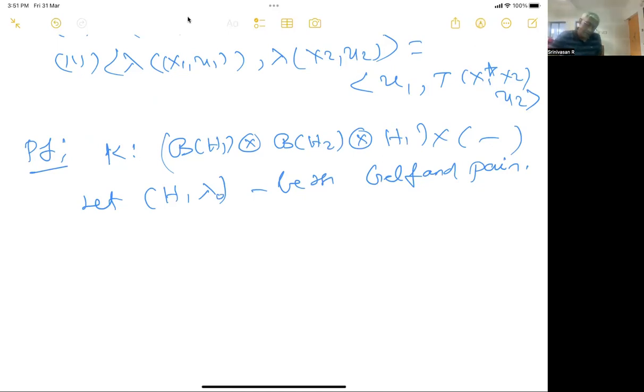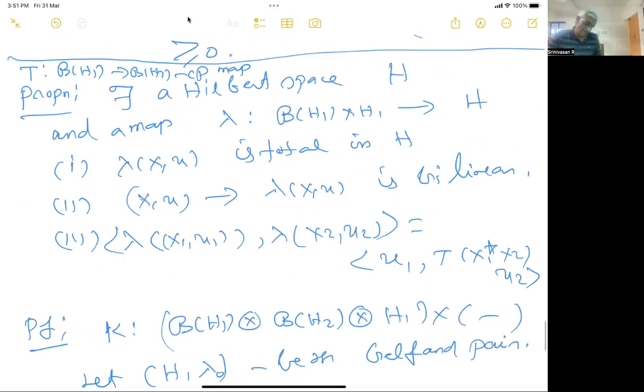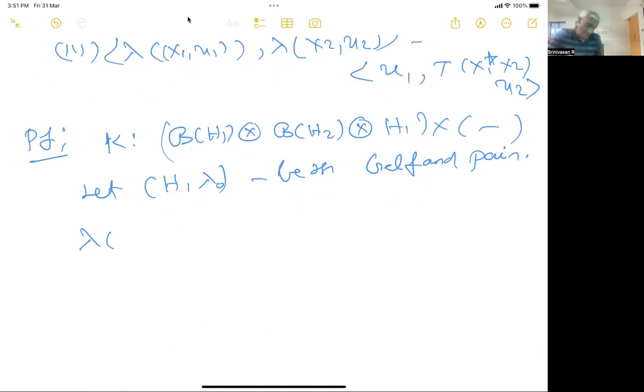Then you define lambda. We just want the lambda. The Hilbert space is the same. We define lambda of xu equal to lambda naught of x1u, and you take the closure. Then this itself is total.